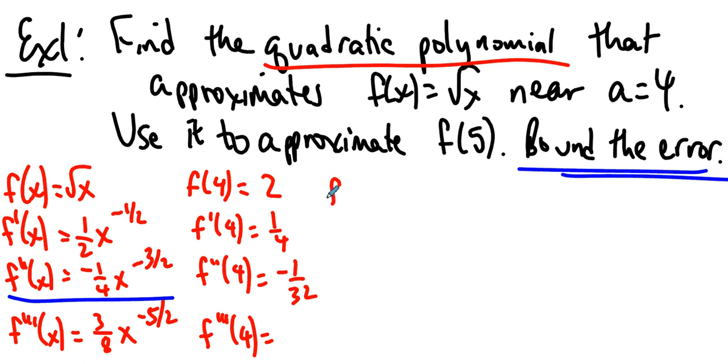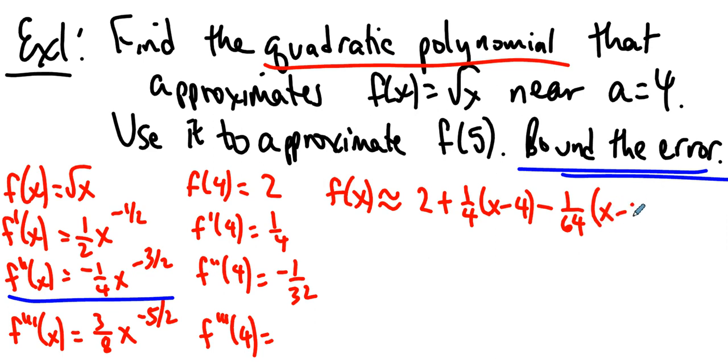So f of x is approximately f of a plus f prime of a times x minus a plus f double prime over 2 factorial times x minus a squared.